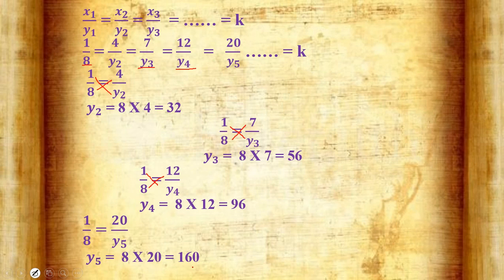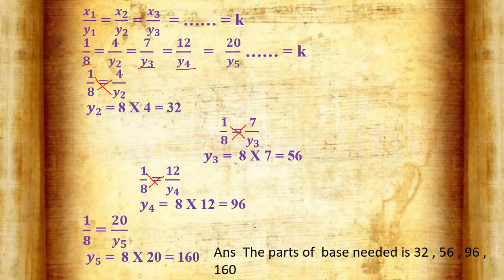So here we are getting the part of base according to the part of red pigment. The 1:8 ratio is constant for all these terms. So the parts of base needed are 32, 56, 96, 160 according to the parts of red pigment 4, 7, 12 and 20.